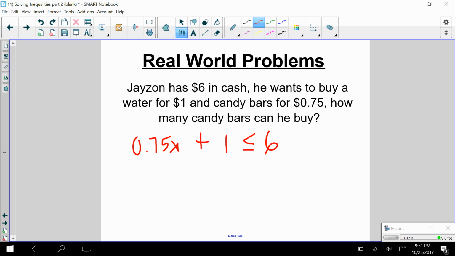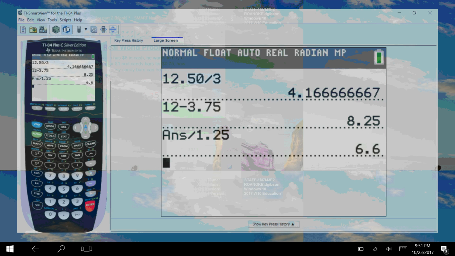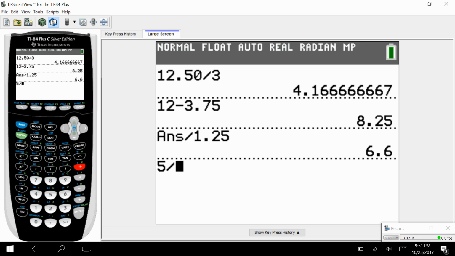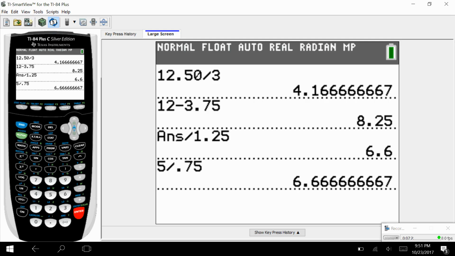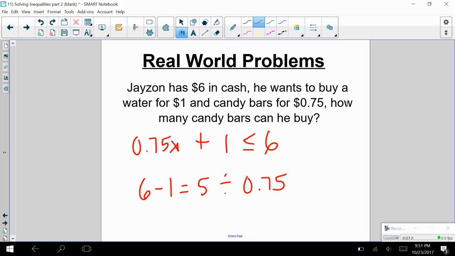So to figure out how many candy bars, we're going to take 6, subtract 1, and divide by 75 cents. That's 6.6 repeating, so he can buy 6 candy bars.